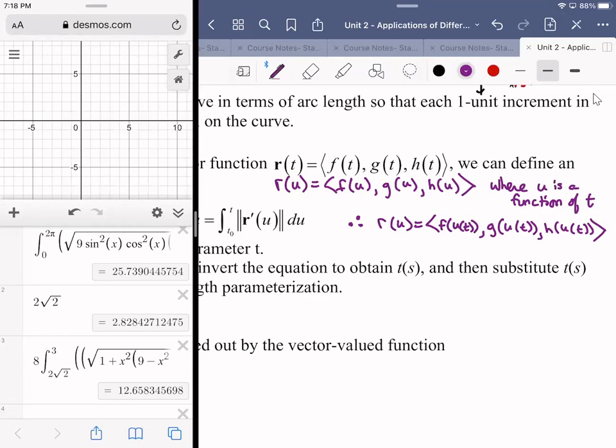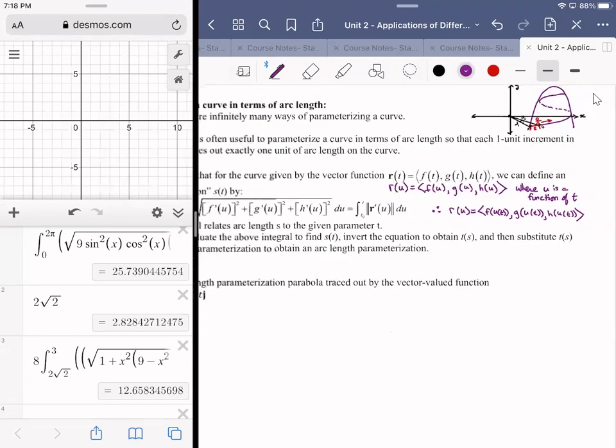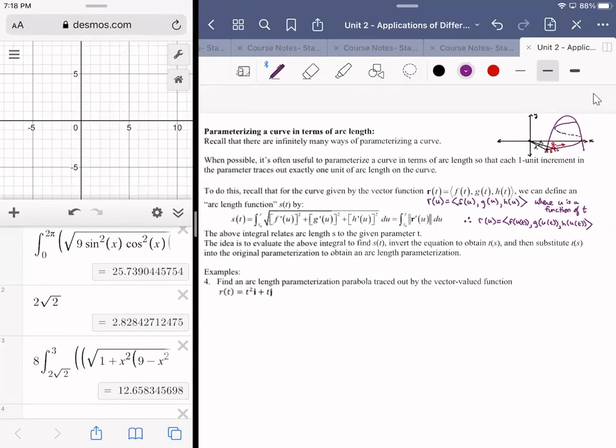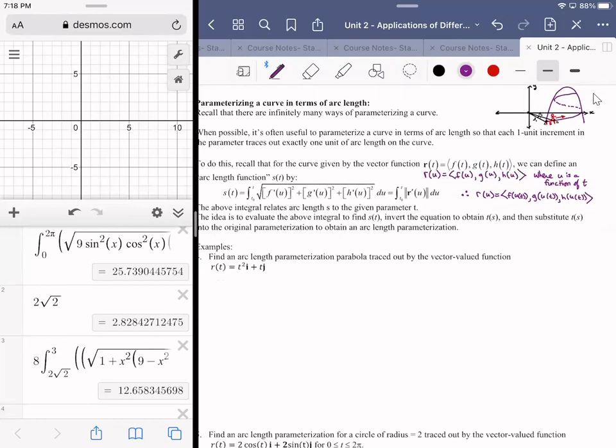I'm introducing this variable u to allow a function within a function, where t can be any parameter, but that parameter itself can be a function.